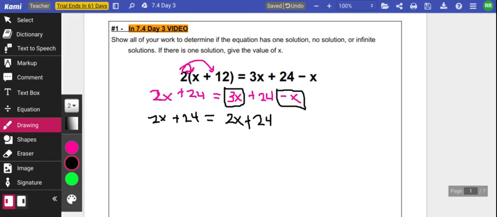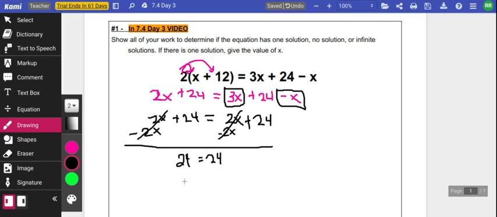Step 3, get the variable on one side of the equation. So let me move 2x to the left side. So I'm going to subtract 2x from both sides. Those 2x's cancel and those 2x's cancel, right? So you're left with 24 on the left side and 24 on the right side as well.